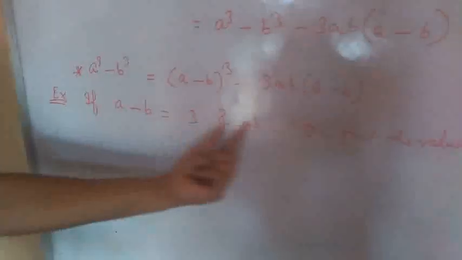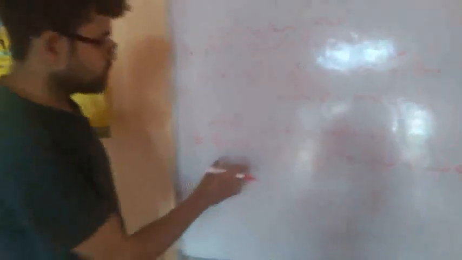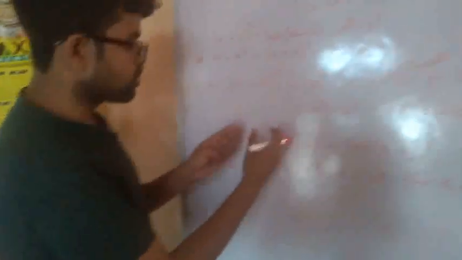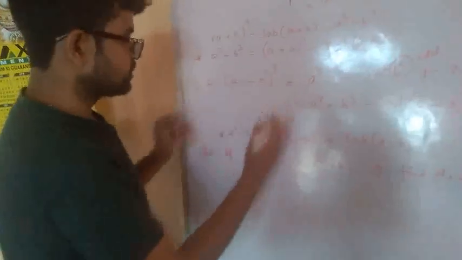Now if you are given a minus b and ab, you cannot find out the values of a and b. For finding a cube minus b cube, we can use the corollary that we have got from this formula.